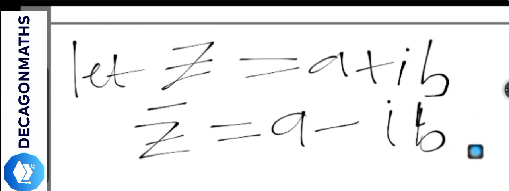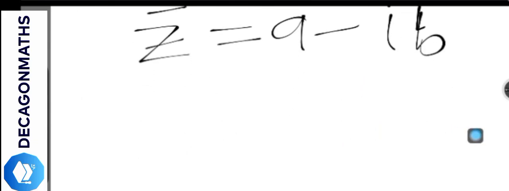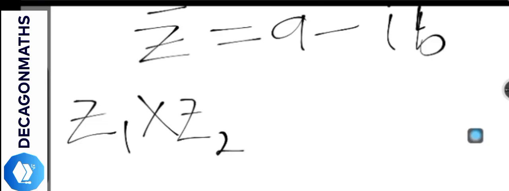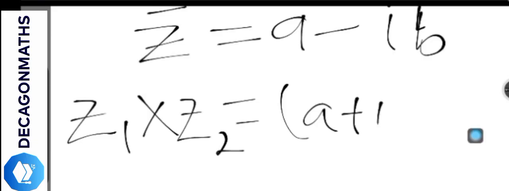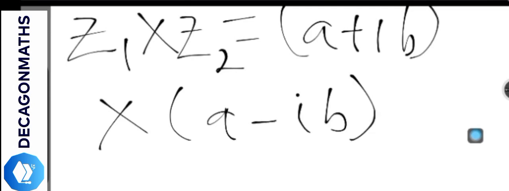Alright. Now let's multiply these two complex numbers and let's see if it will give us a real number, as we have said. So we have that z1 multiplied by z2 equals a plus ib multiplied by a minus ib. Alright.